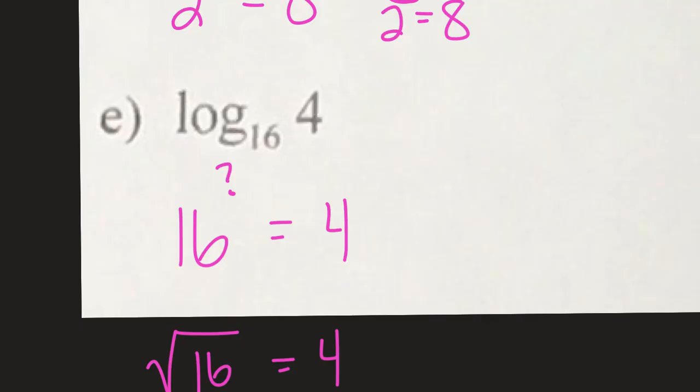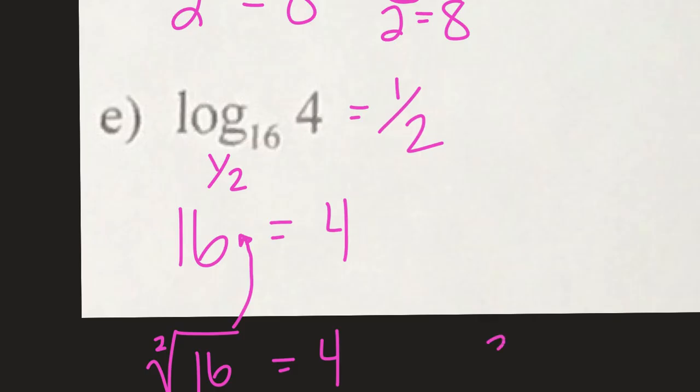If we take the square root of 16, we get 4. So how do we represent the square root as a power? That's the 1/2 power. So log base 16 of 4 is 1/2, because the square root is the 1/2 power.